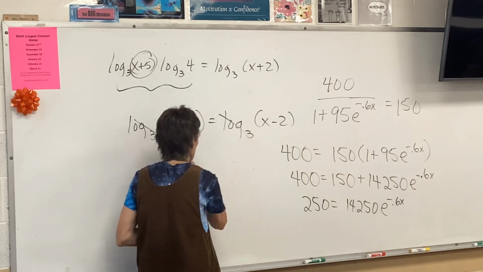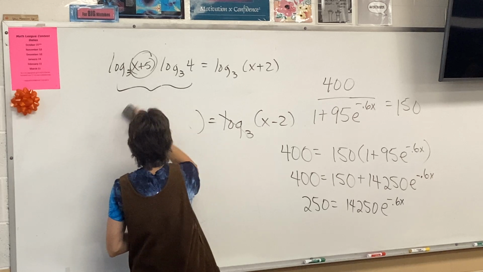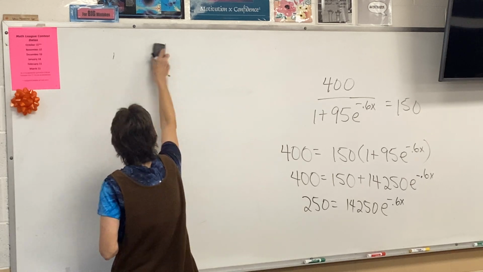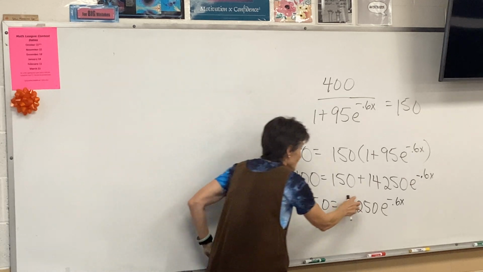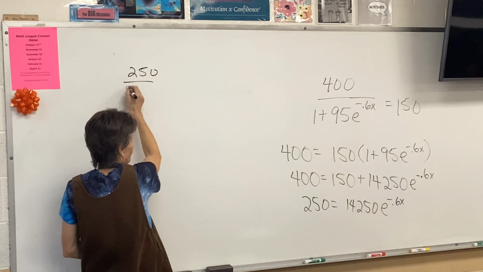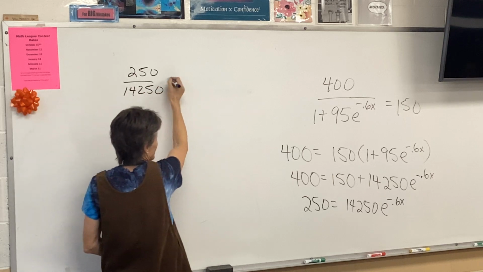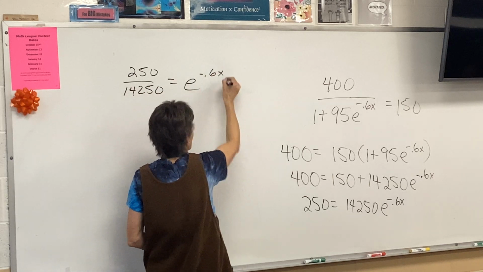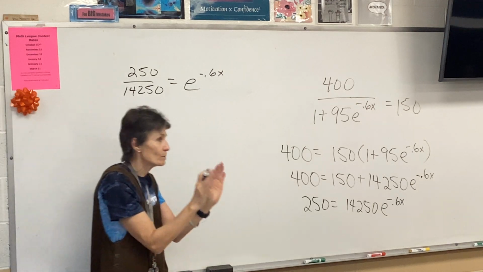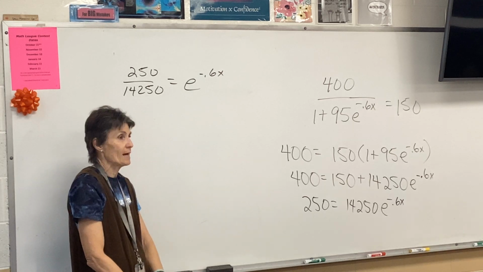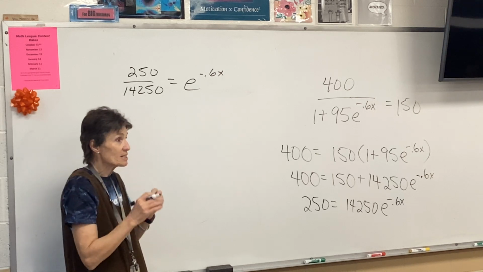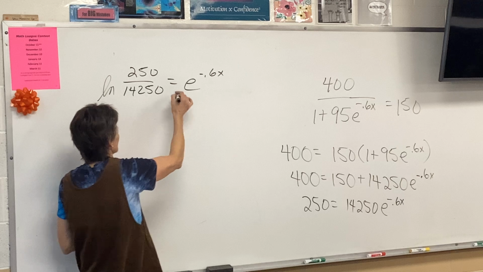Now we solved some equations like this yesterday. Not yet, first I have to divide by that big number. Remember, we don't do the ln until this is gone. So I have 250 over 14250 equals e to the negative 0.6x. I know that reduces, go ahead and reduce it if you want, but you don't need to, because in a moment we're gonna plug it into the calculator. At this point, we're gonna ln.